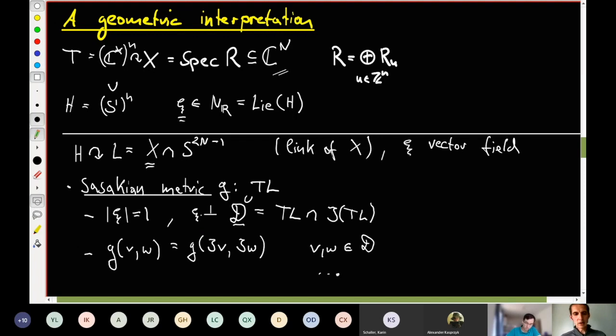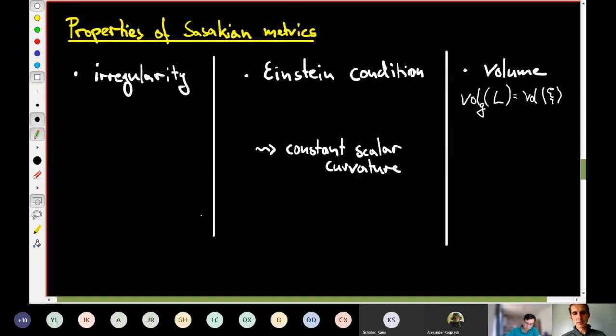Now I can choose such a metric, and as it turns out, there are many choices for this metric, but the volume stays constant as long as I fix my psi. So it only depends on psi. So we learned something about the volume, the Sasakian volume of such a link.